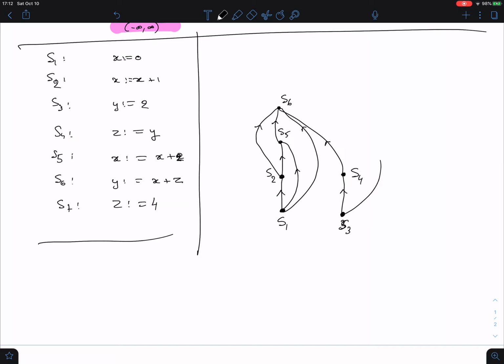And therefore we also need S3 for the same reason. And then finally, what about S7? Now you say, oh, okay, z, it needs S4. No, in S7, z is redefined. It doesn't matter what it did before, so S7 really stands on its own. Whatever happened before, I don't care anymore, because at this point, I need 4.